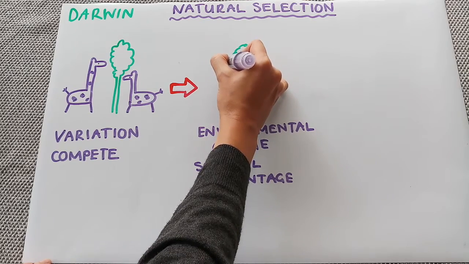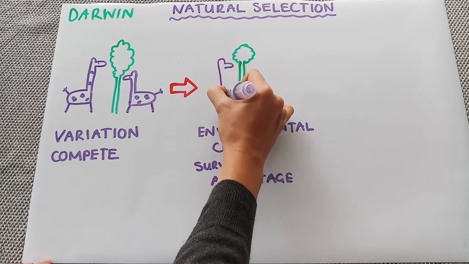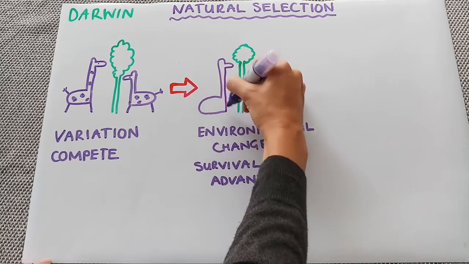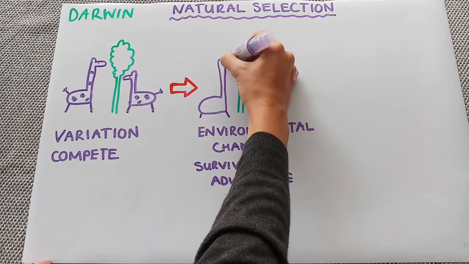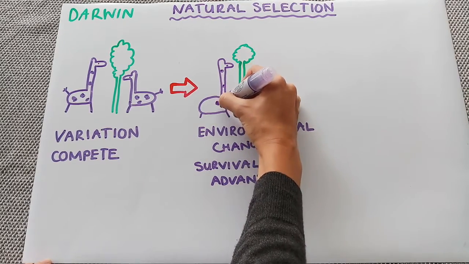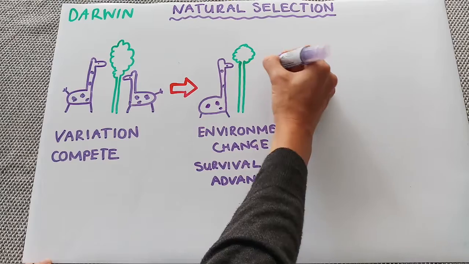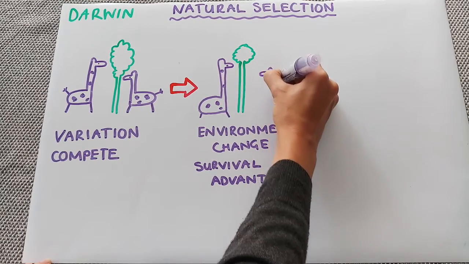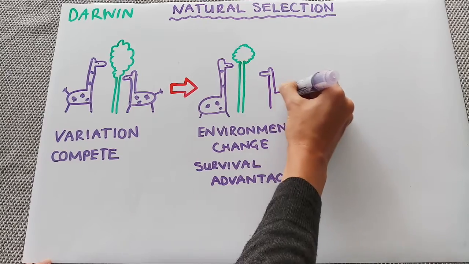Okay, so here we're going to draw our giraffes again. And remember, we've got our variations, so we've got some with long necks, and then we've got some with shorter necks.